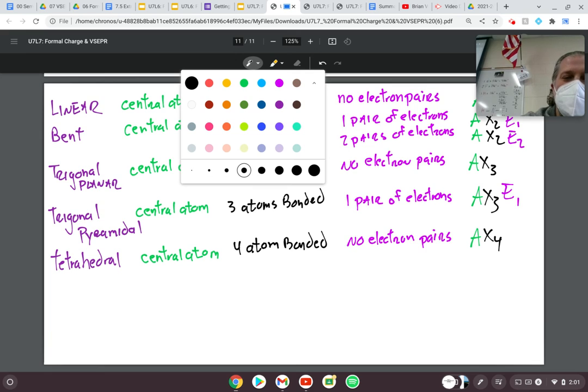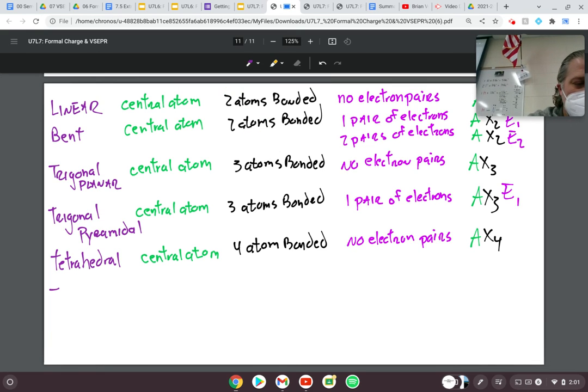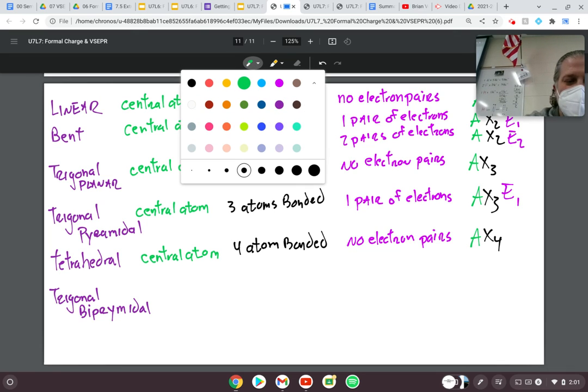Then the 2 that we discussed today are the trigonal bipyramidal, which also has a central atom.